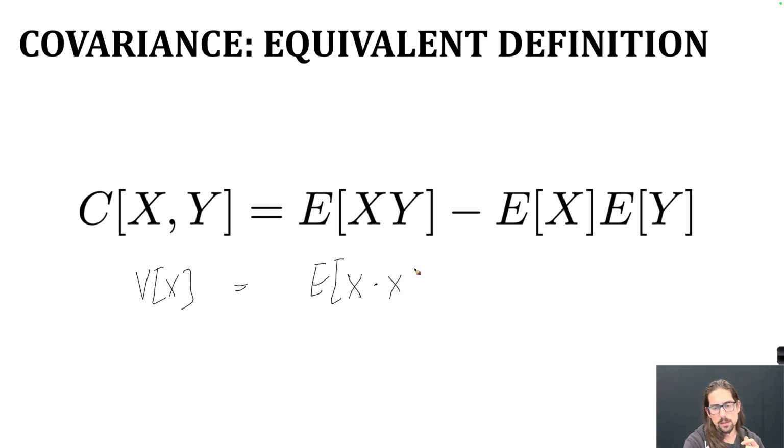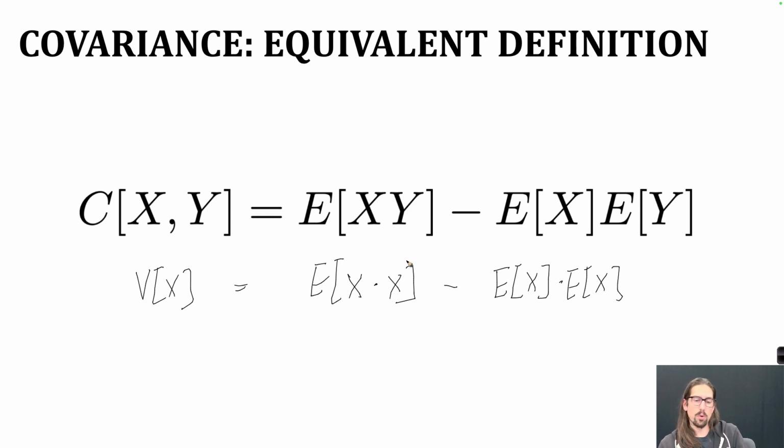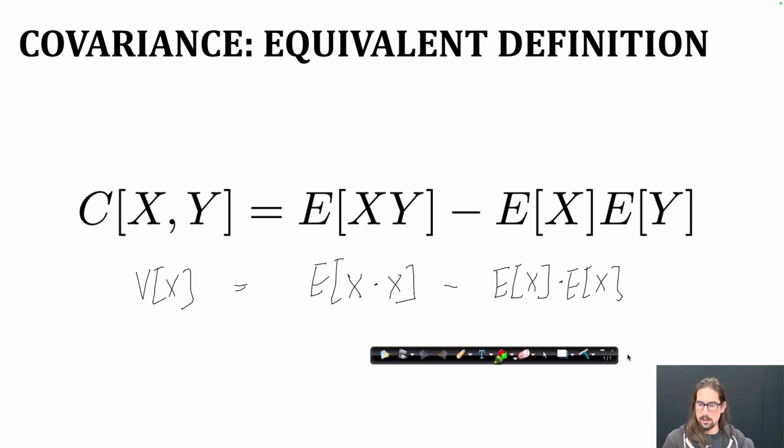It's x times x, right? Minus the expected value of x, squared, which is the expected value of x times the expected value of x. Okay, so you should see the similarity here. And of course, it has to be, because we know that if I put another x here, it has to be the same as this. So that all matches up.